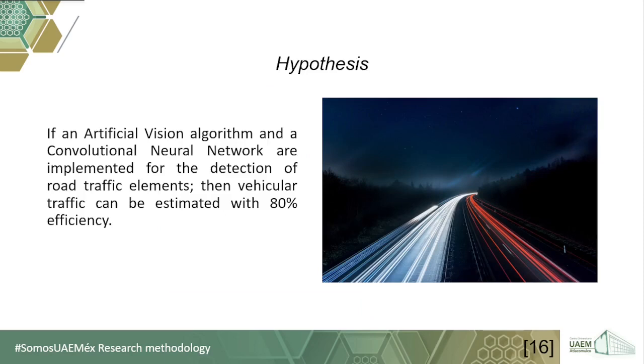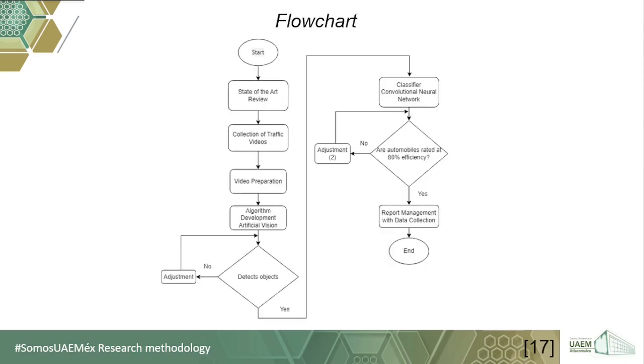And the hypothesis: if an artificial vision algorithm and the convolutional neural network are implemented for the detection of road traffic elements, then the vehicular traffic can be estimated with 18% of efficiency. And now in the flowchart, we have the start, then the state of the art review.